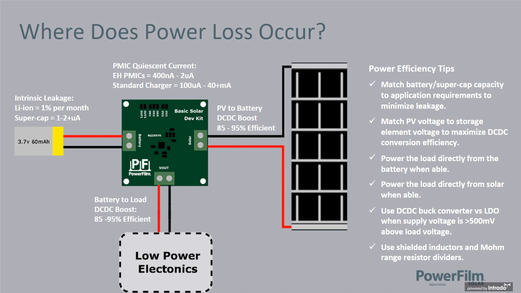For this specific dev kit, using unshielded inductors actually reduces the efficiency of the boost converter by 10 to 15 percentage points. So if you want the trade-off for a lower cost inductor, you can make that trade-off. Or if you want to optimize for efficiency, definitely choose the higher quality parts.